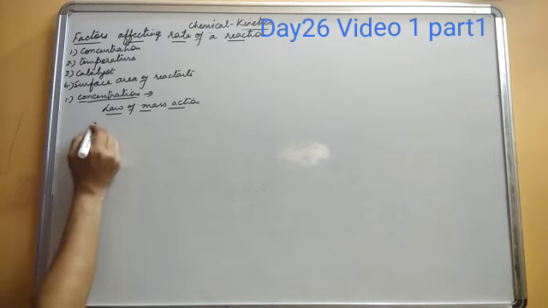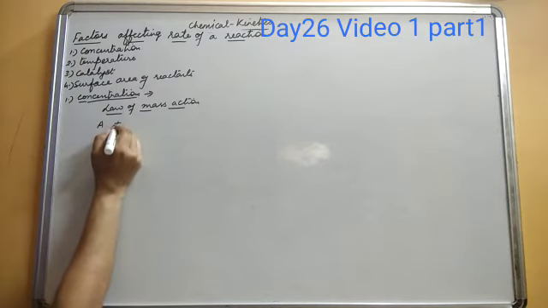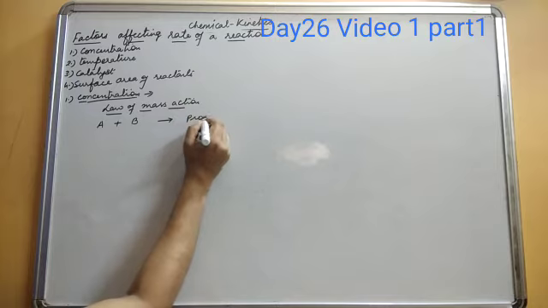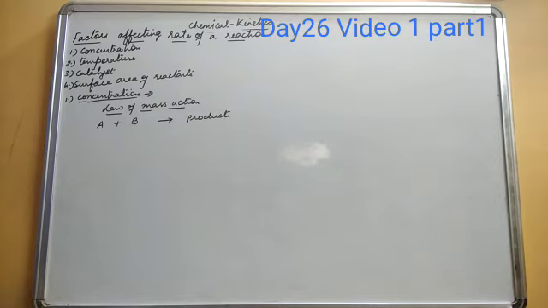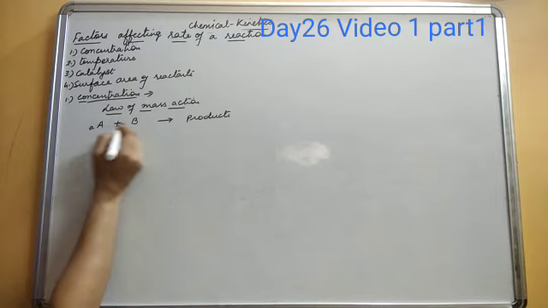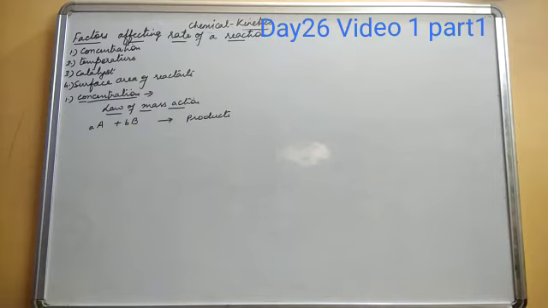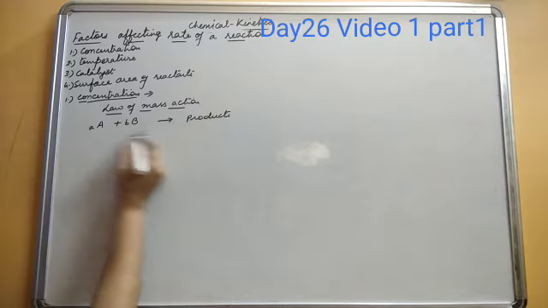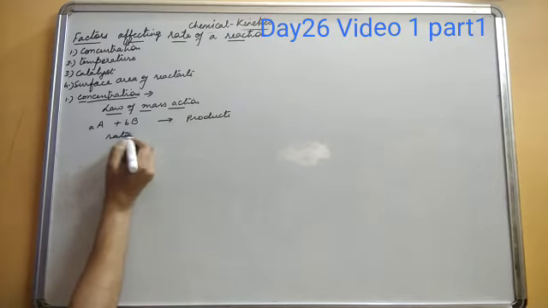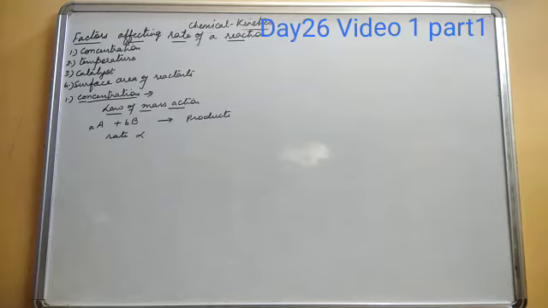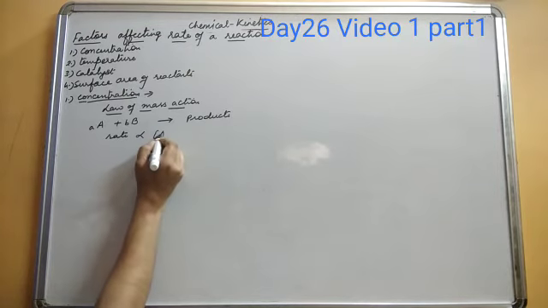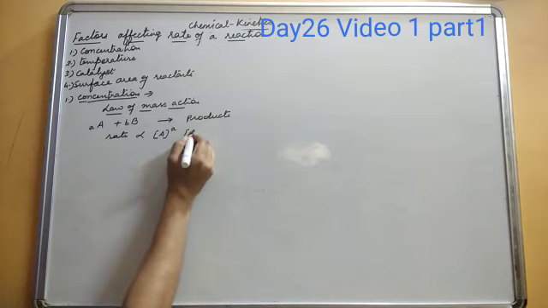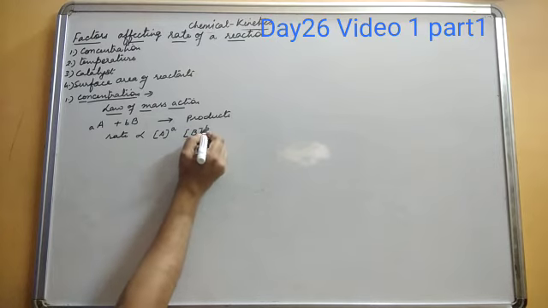According to law of mass action, for a reaction, for example, A plus B forming products, let a moles of A are reacting with b moles of B and then forming the products. Then according to law of mass action, rate is directly proportional to concentration of A to the power a, concentration of B to the power b.